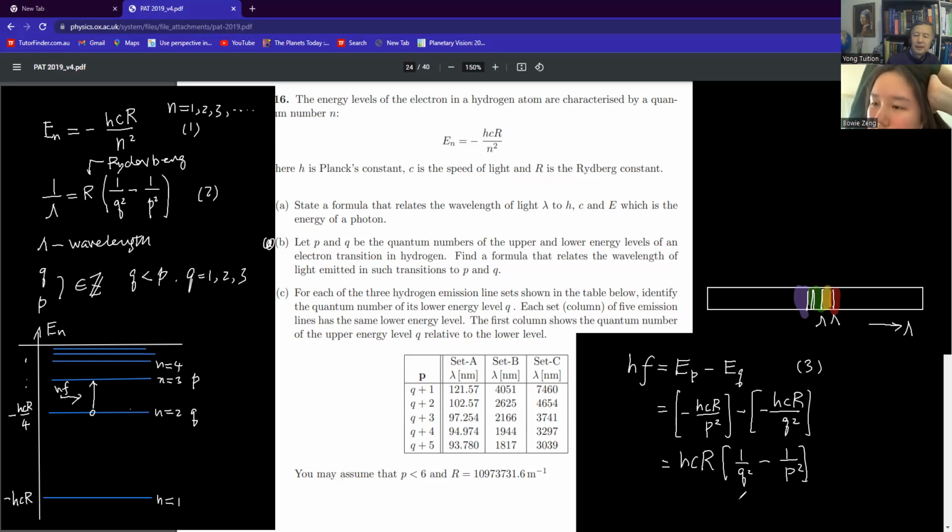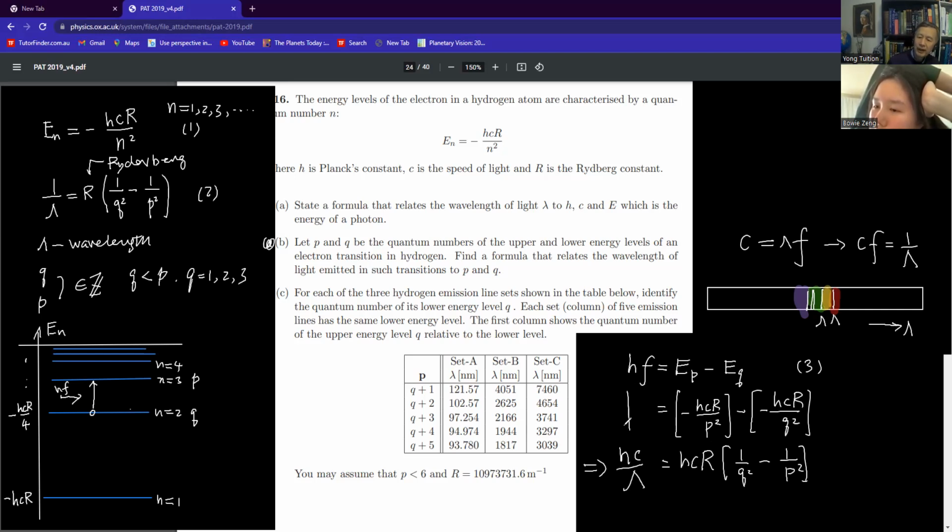Another way you can do it is to use the third formula: the speed of light is equal to the product of lambda multiplied by frequency, right? From here, we can work out that f over c is equal to 1 over lambda. So if I rewrite this formula, this part becomes hc divided by lambda.